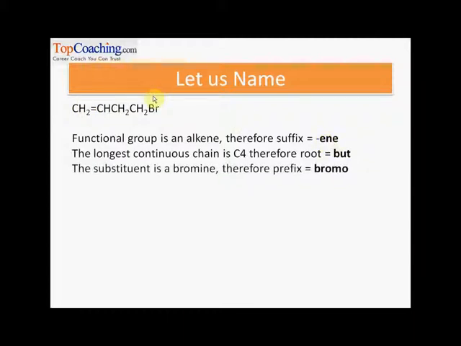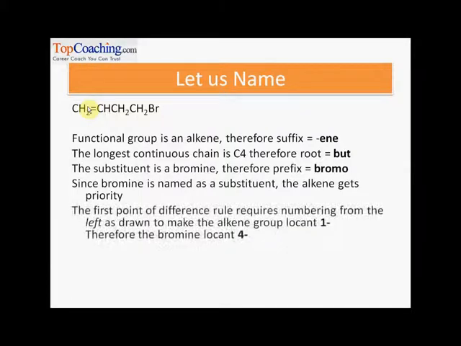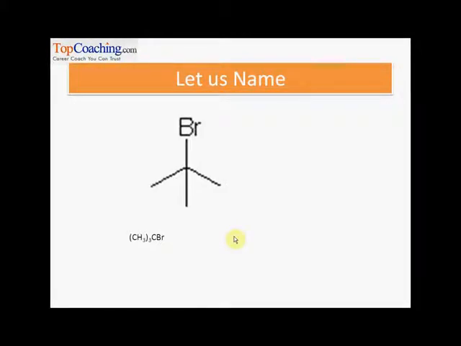Then the substituent here is a bromine, so prefix would be bromo. Now since bromine is a substituent and alkene is the main group, main group gets priority, and hence we will be doing numbering from here 1, 2, 3, 4, and hence bromine gets number 4. So the IUPAC name would be 4-bromo-but-1-ene.